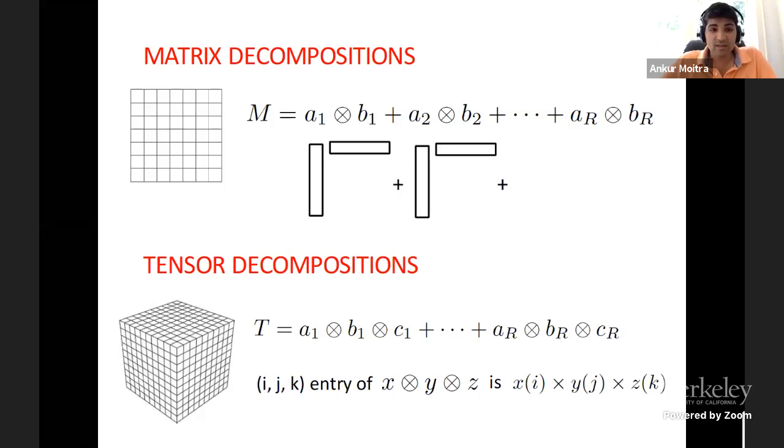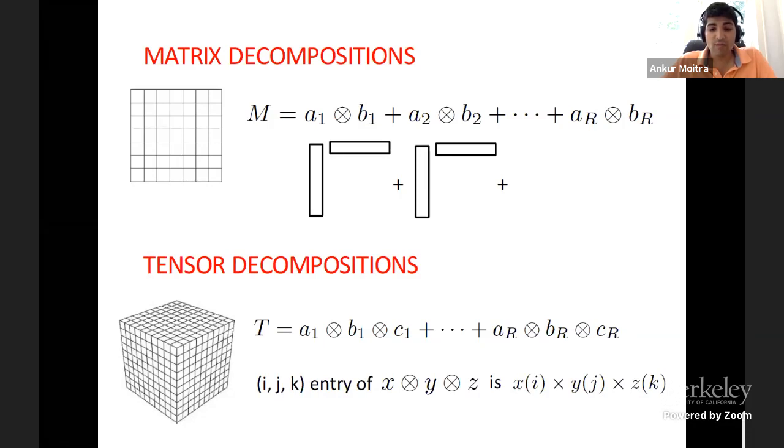You start off with a tensor, which now, instead of a 2-dimensional grid of numbers, is a 3-dimensional grid of numbers. So you index into T with 3 entries, i, j, and k. Those are the indices. And the important thing is that you want to write this tensor of data as a low rank decomposition.